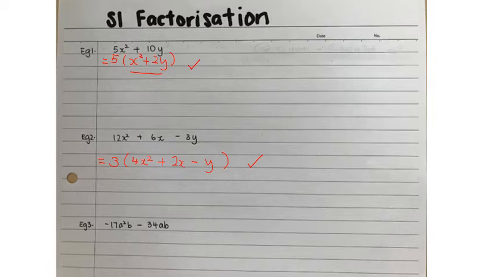Third question. Minus 17a squared b minus 34ab. Both terms start with a negative sign, so I'm going to pull out the negative sign. Coefficients 17 and 34 have a common factor of 17, so I'm also going to bring out 17.